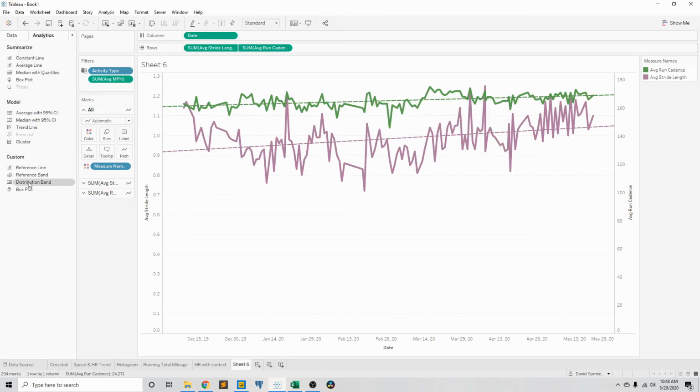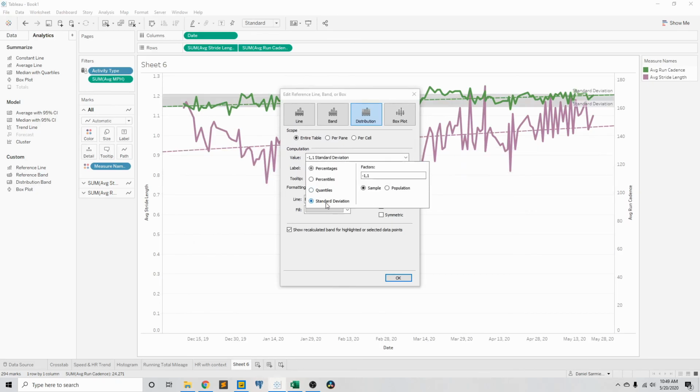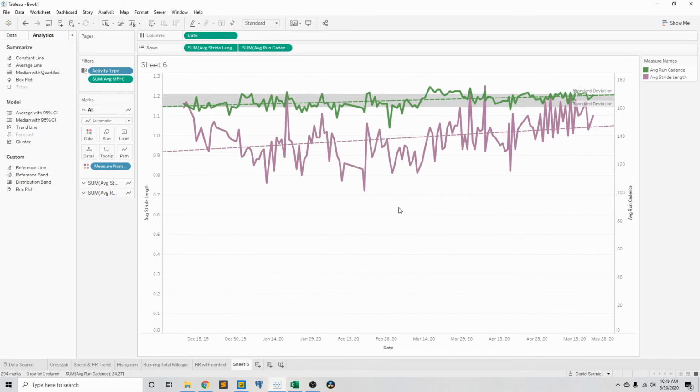If we add the distribution bands onto, let's go with the running cadence, and we're going to look at the controls for this. It is pretty well under control. 160 to 169, so I'm right within that average running cadence range.